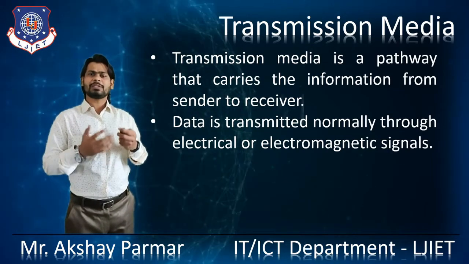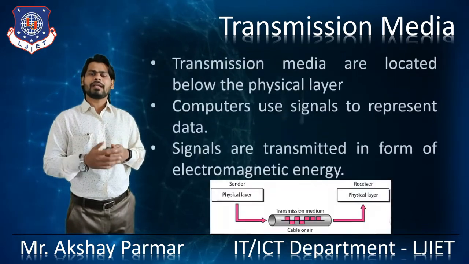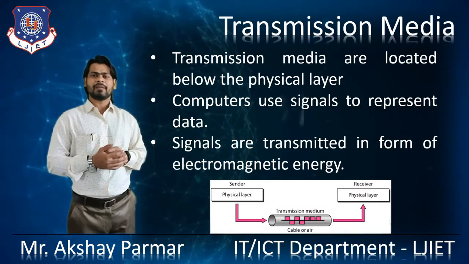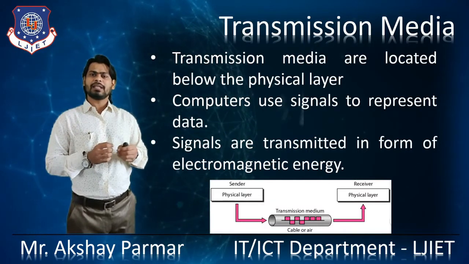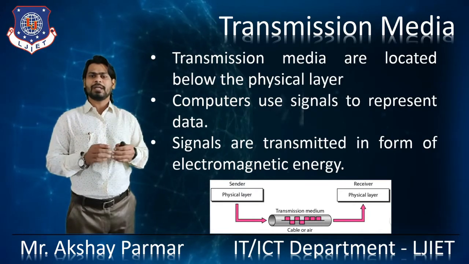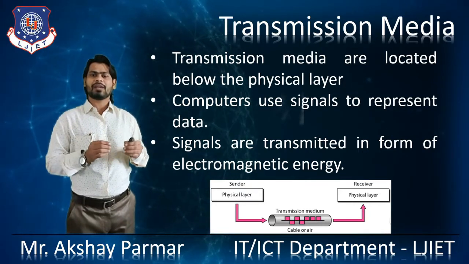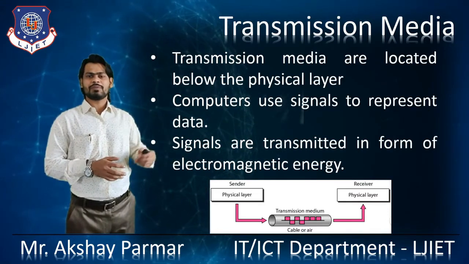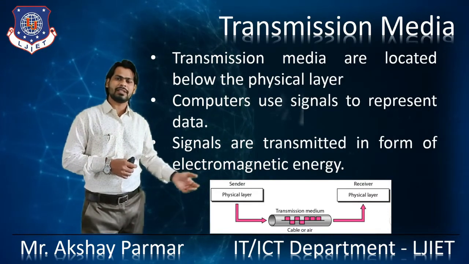So where is the transmission media located? The transmission media is located below the physical layer. Computers use signals to represent the data, and those signals are transmitted in the form of electromagnetic energy, right? So you can observe that the transmission media is below the physical layer.